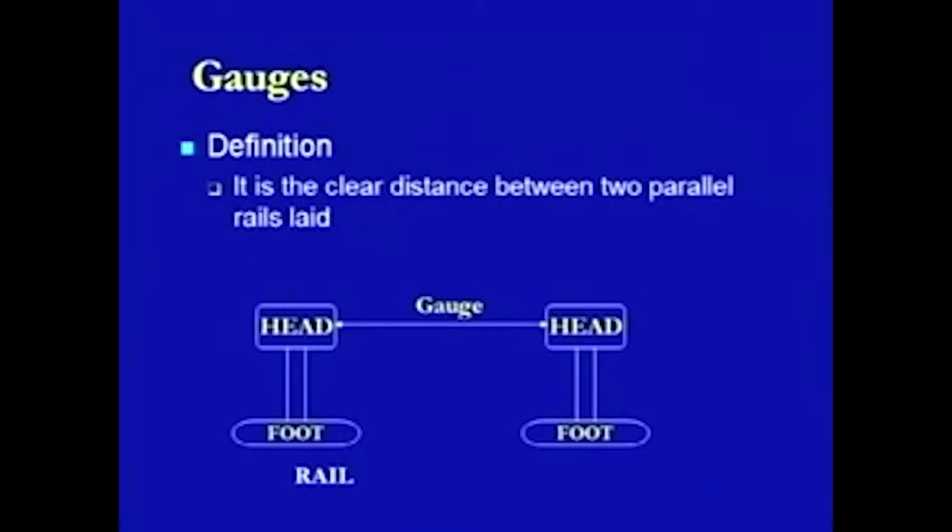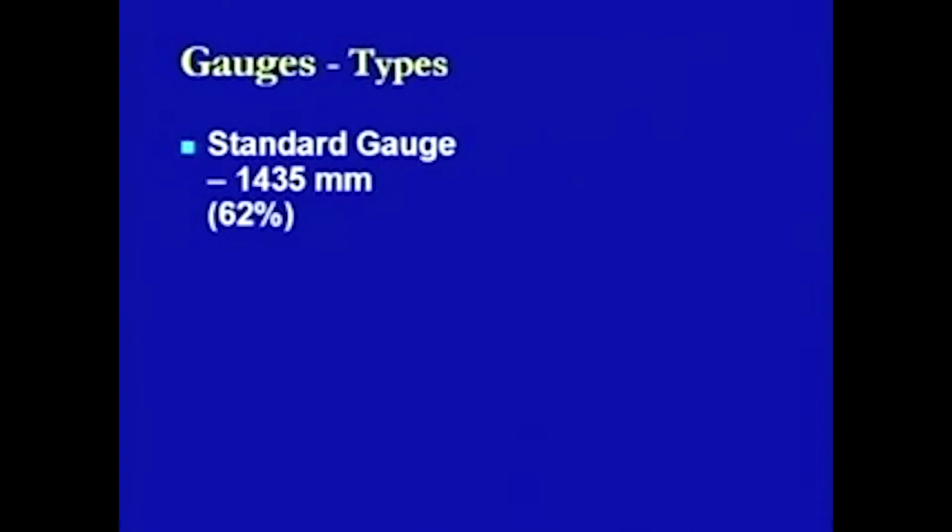With this definition, we will look at the different clear dimensions provided between the two rail sections by which we can classify the various gauges. There are different gauges available throughout the world.